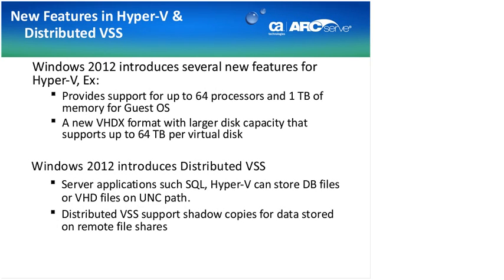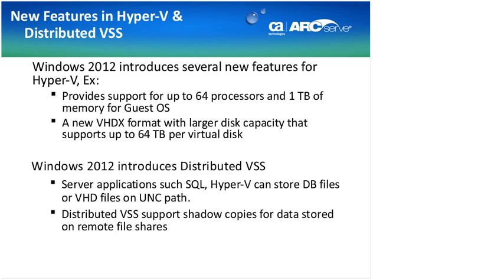Another feature of Windows 2012 is that they introduced Hyper-V 3.0. Hyper-V 3.0 itself has several new features. Some of the new features I'm going to talk about are that we are now able to provide support for up to 64 processors and 1 terabyte of memory for a guest OS, which was not possible in the previous Hyper-V version.